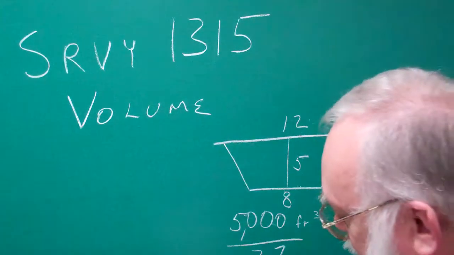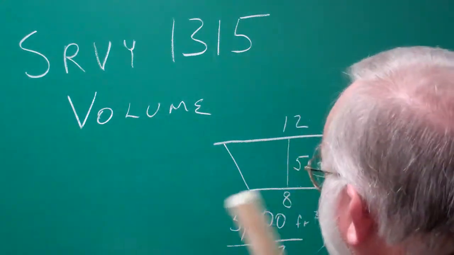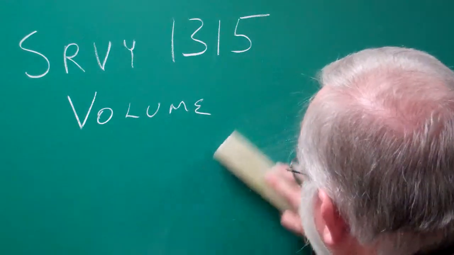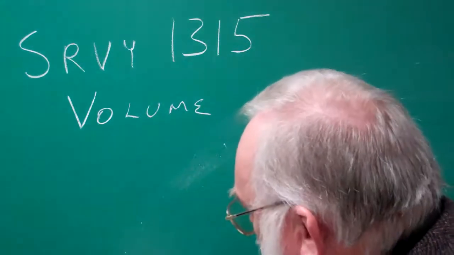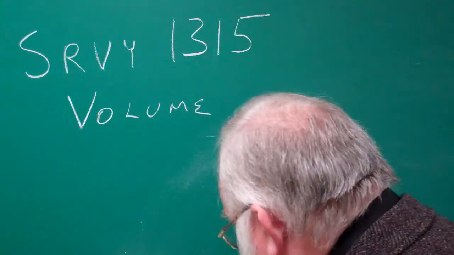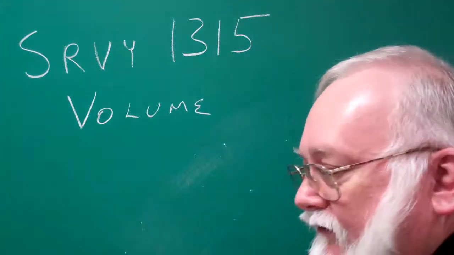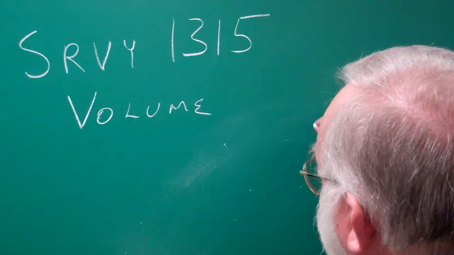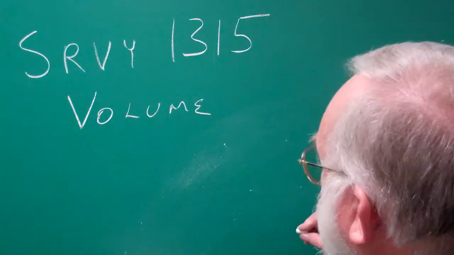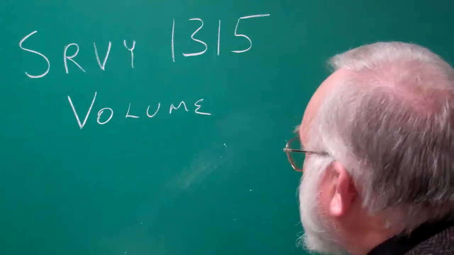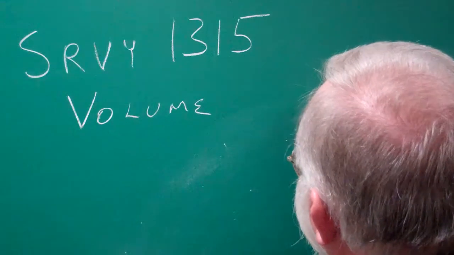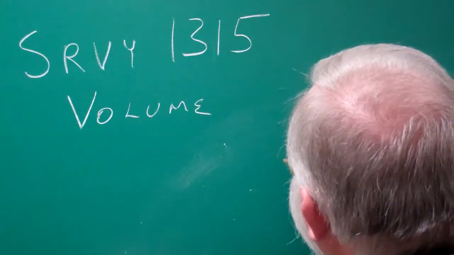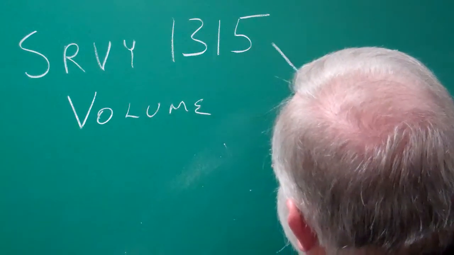I've got this example here. There really isn't all that much to it, because unless you get into something prismatically shaped or a cone, which we're not going to work with too much at this early stage, all it is to calculate volume is cross-section area times length.